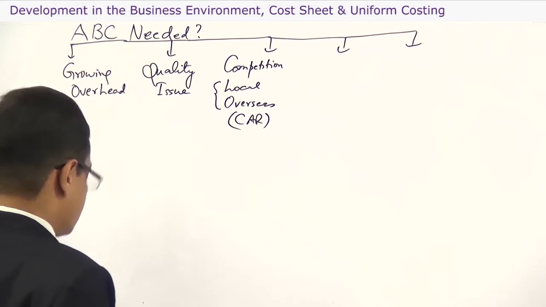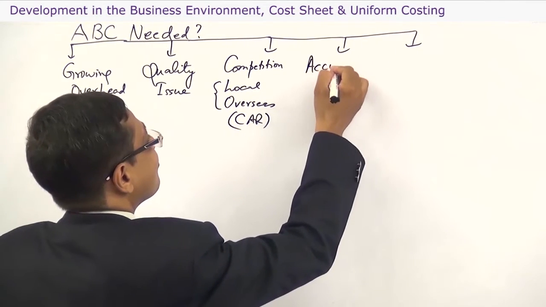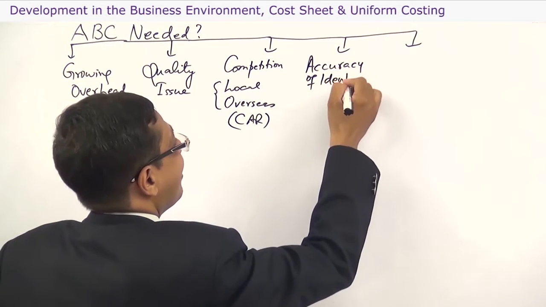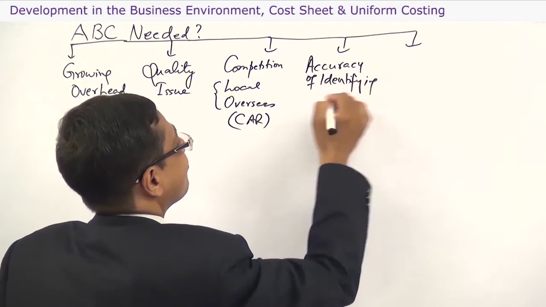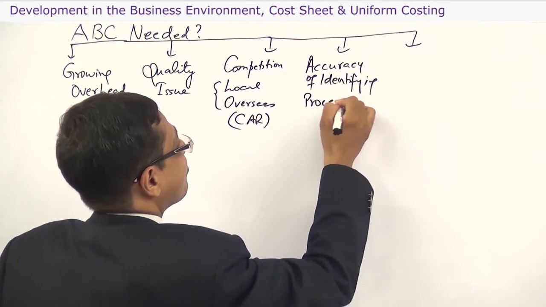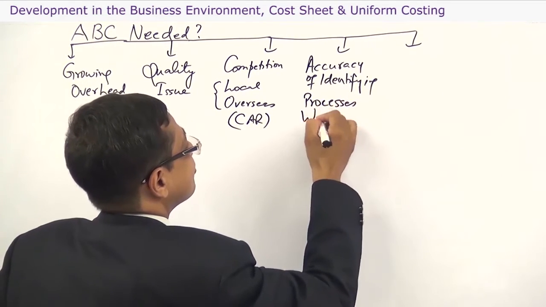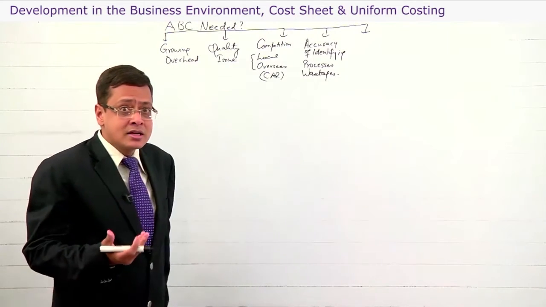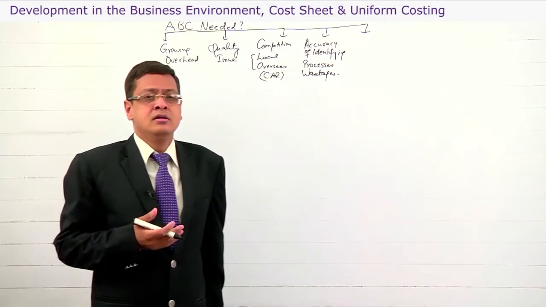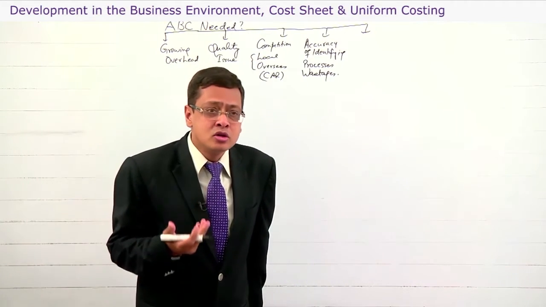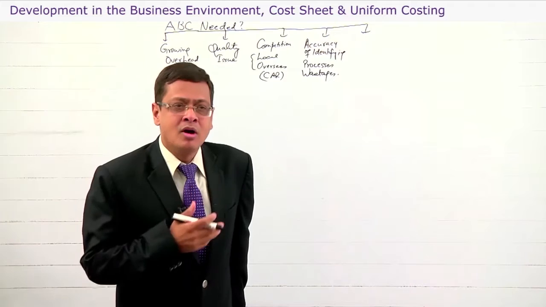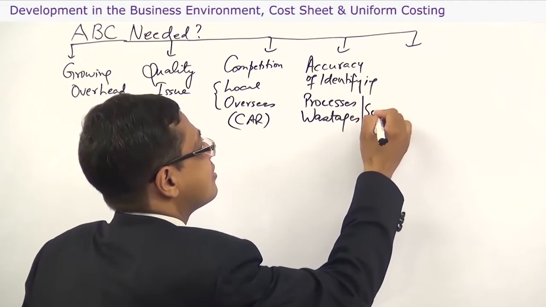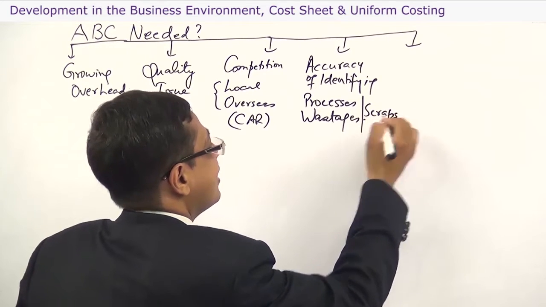Another was accuracy of identifying process wastage. So business was now thinking more in terms of how to reduce the process wastage, how to reduce the scrap, how to modify the scrap. A lot of things were considered in this particular area.